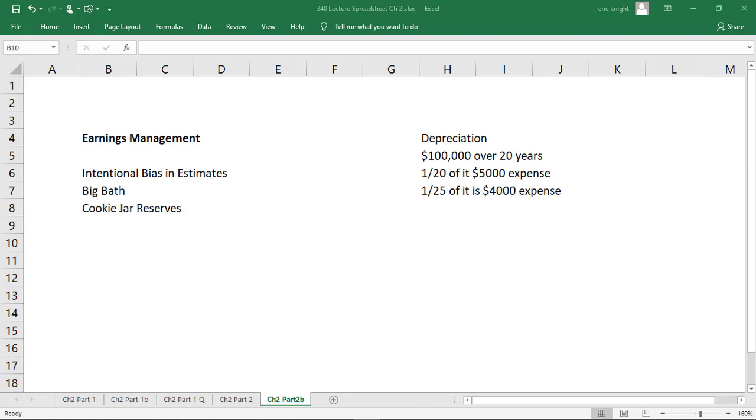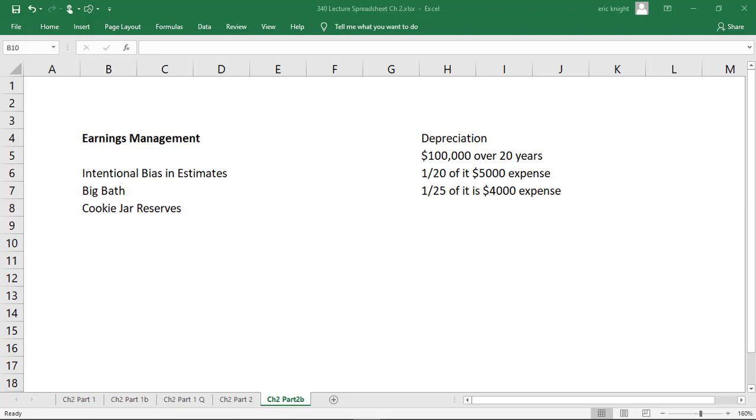Another tool we have is called the cookie jar reserves. In this situation, a business will often need to put money away for future obligations. For example, a car manufacturer might put money away for future warranty obligations, or perhaps a retailer for sales returns.